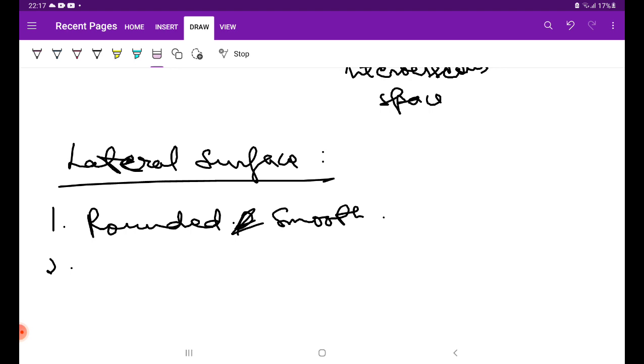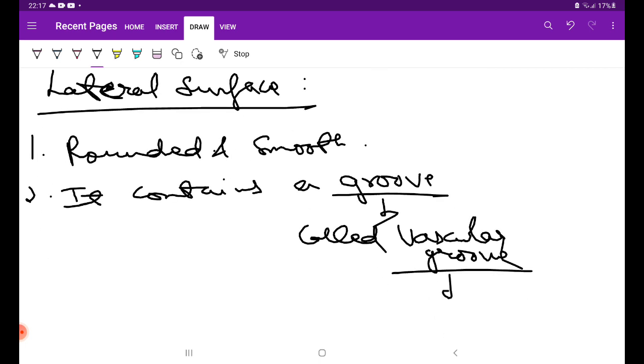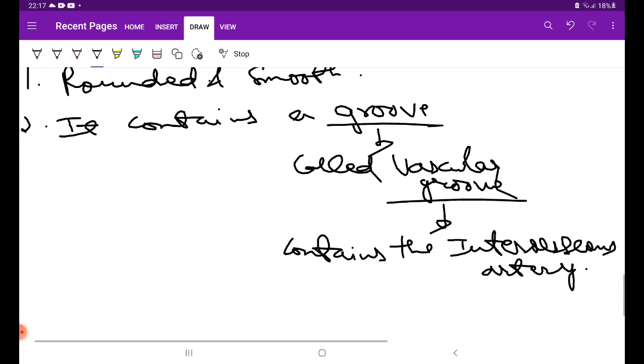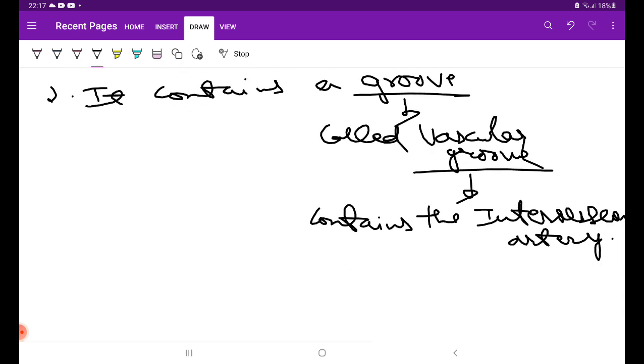Second point, it contains a groove called vascular groove, and this vascular groove contains the interosseous artery. Next we will talk about the last surface, that is called medial surface.